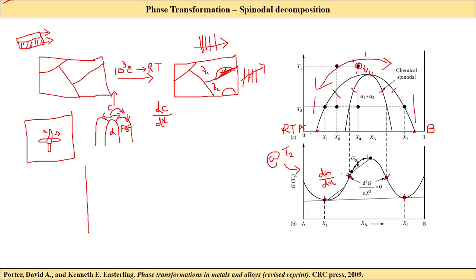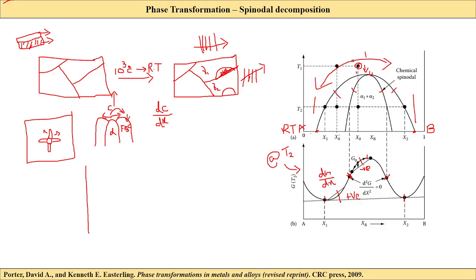So below it will show positive, and above it will show negative. So that's why the first derivative of the free energy will change its sign, or the slope will continuously change its sign from here to here.